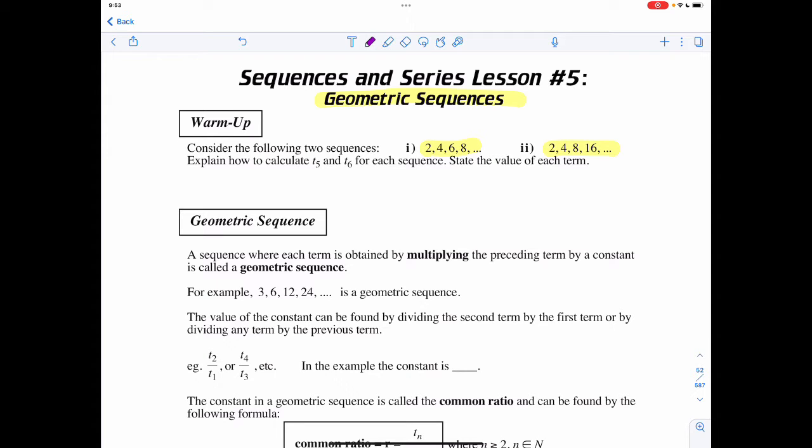Well, what's happening in example 1? Each time, to get from one term to the next, we add 2, which means that term 5 would be 10, and term 6 would be 12.